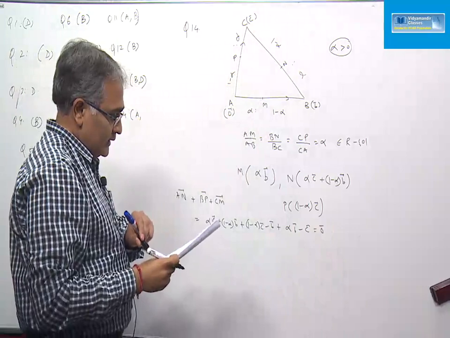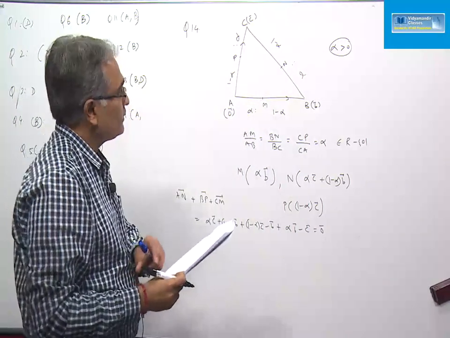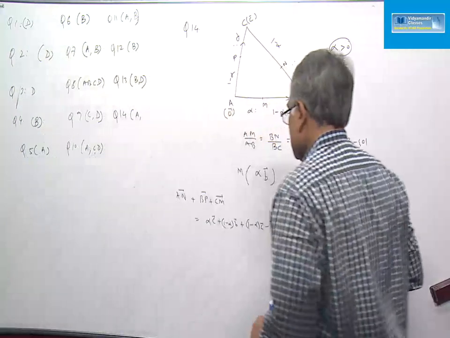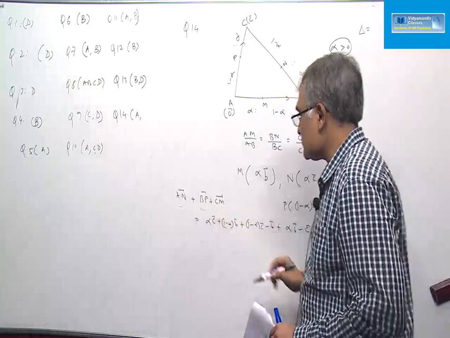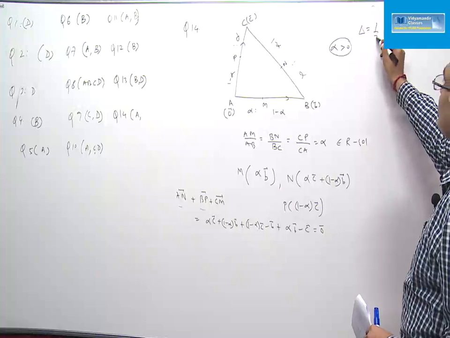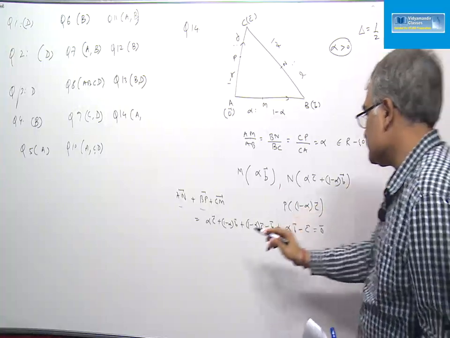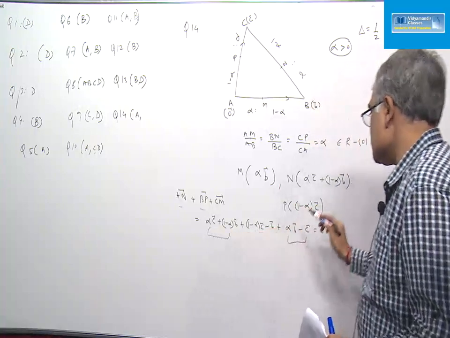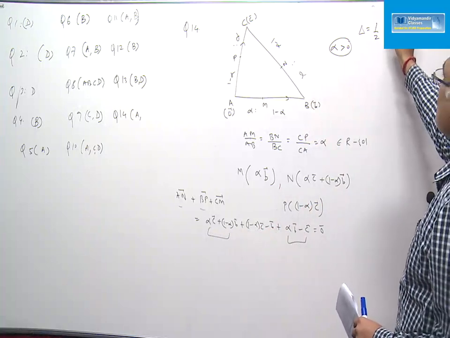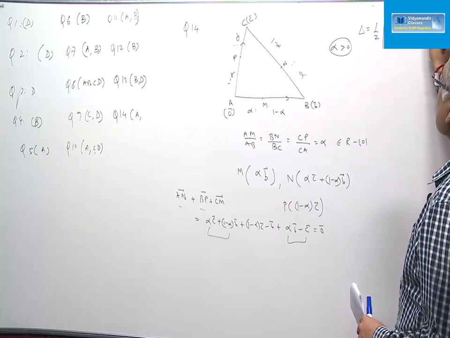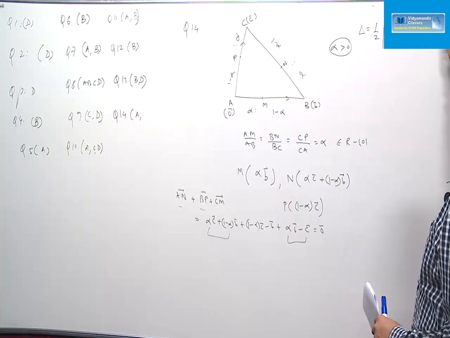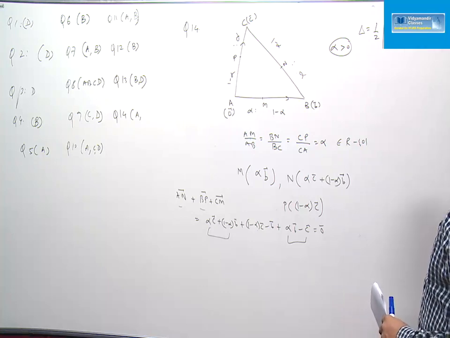If delta represents the area of the triangle formed by these three points, delta is the area using any two of the vectors, that is half modulus of alpha c plus 1 minus alpha b cross product with alpha b minus c.